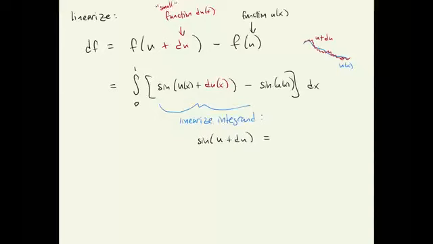That's equal to sine of u plus the derivative, which is cosine of u times du. This is just because du of x is just a number. Right? At each x, I have a small change in u of x.